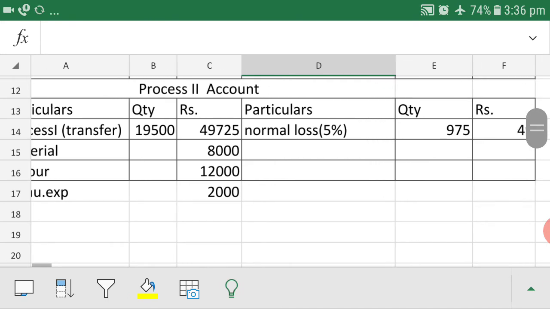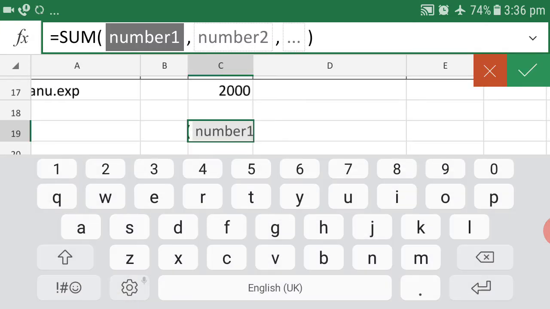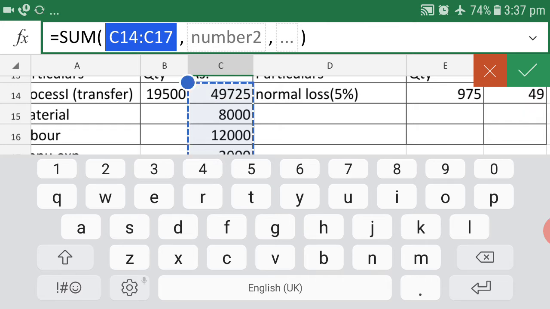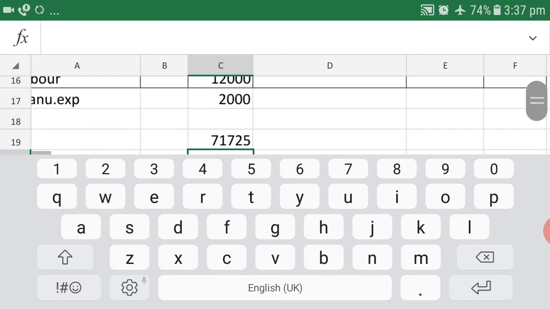We can calculate the total of the debit side, considering all amounts. The total of the debit side is rupees 71,725.